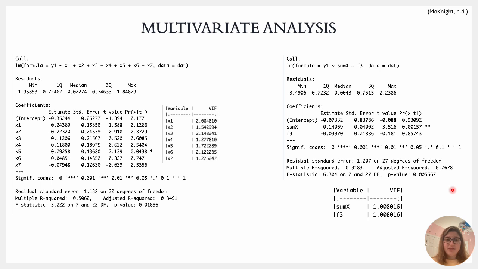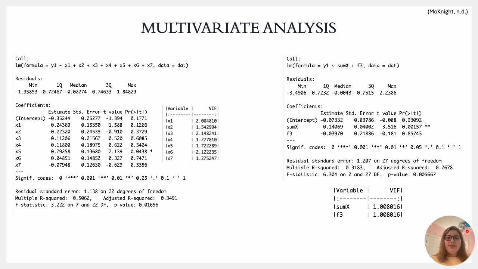Then we have the F statistic showing us that the model is statistically significant overall because of this p-value, but because we saw these values up here, we can tell that for the most part, sum x seems to be the only significant predictor. F3 is not significant.